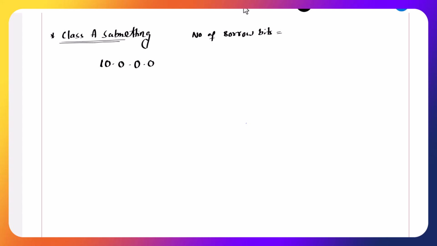In our previous lecture, we started class A subnetting. Today we are going to continue, and if you do remember, this was our previous lecture IP address 10.0.0.0. We subnet this 10 network and we borrowed 1 bit, 2 bits, and also 3 bits.